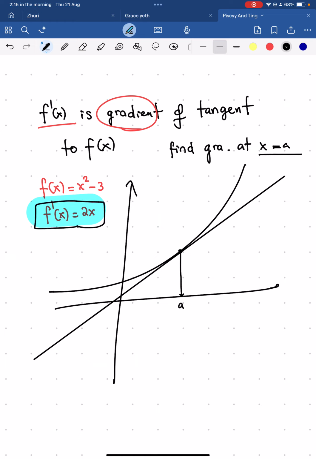But when they say at x equals a, finding f prime of x is not the end. We should plug x equals a into f prime of x. You understand what I'm saying?